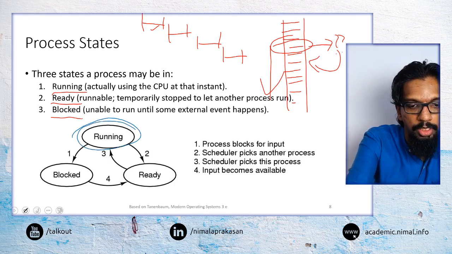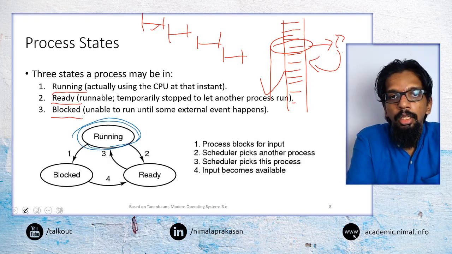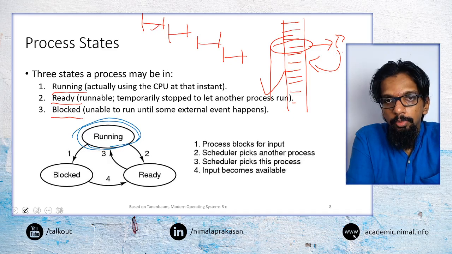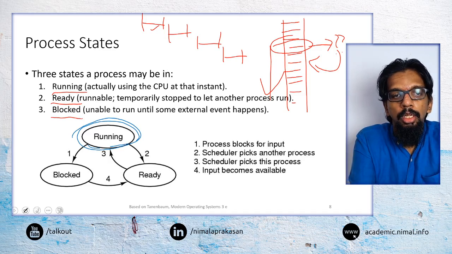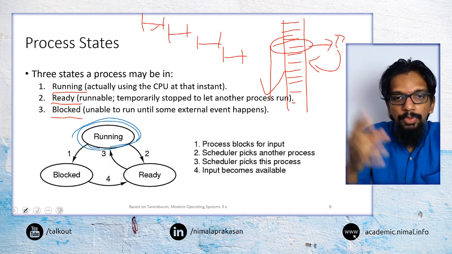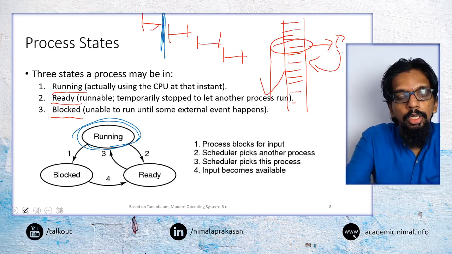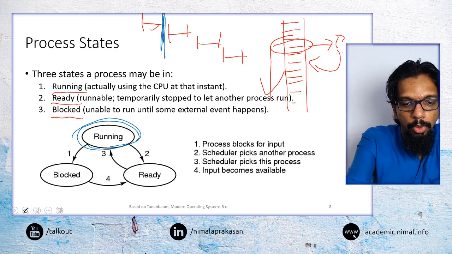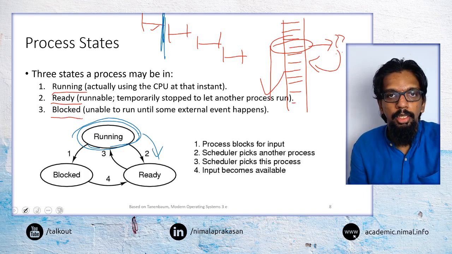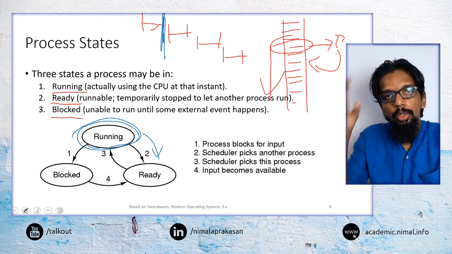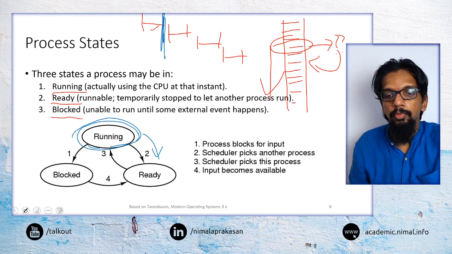So we have a process that is currently running. When it is running, the other thing that can happen is the time frame finishes, so now it needs to stop. So now it will go to what is called the ready state. It was running, it goes to the ready state and waits.